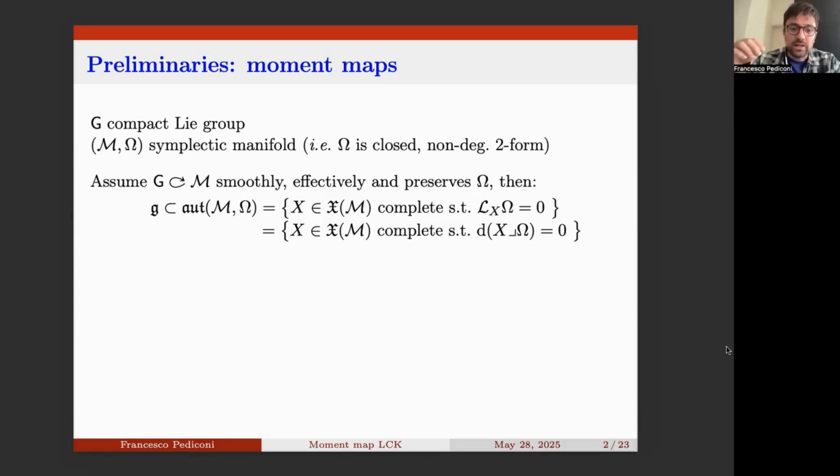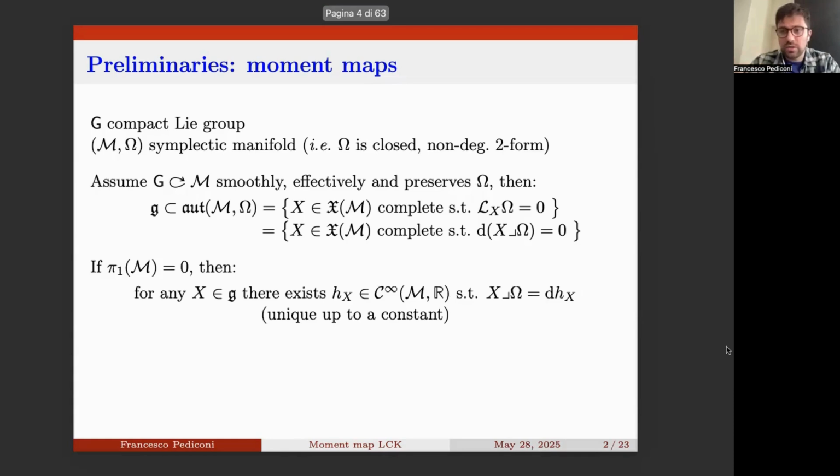So we can identify the Lie algebra of G with a set of vector fields on the manifold that preserve omega. An easy computation shows that a vector field X preserves omega if and only if the one-form obtained by contracting X with omega is closed.